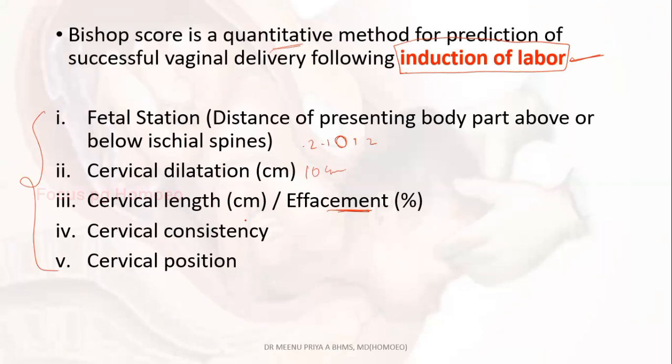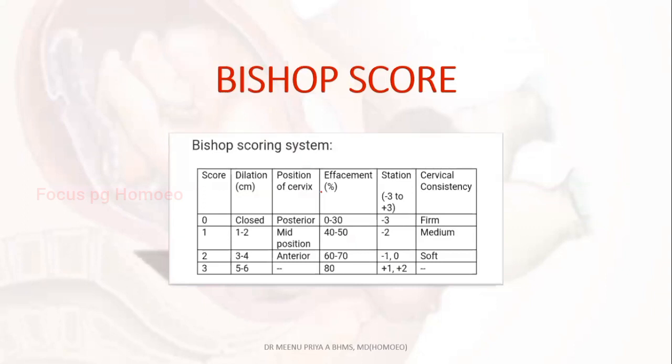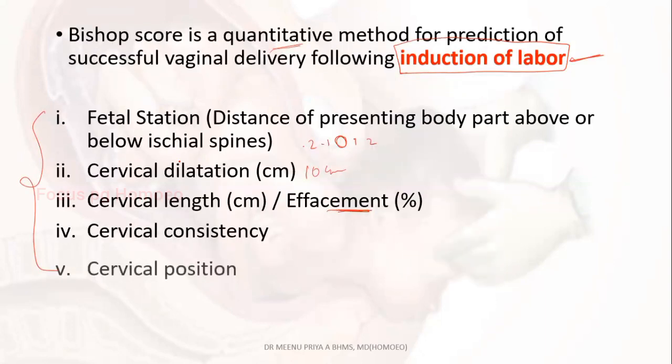These are the types of questions formed from Bishop score. But in the future, there can be questions for calculating also. So I suggest aspirants go through the complete table of Bishop score. A case scenario can be given and you will be asked to calculate the Bishop score. Also remember these important criteria on which the Bishop score is calculated.